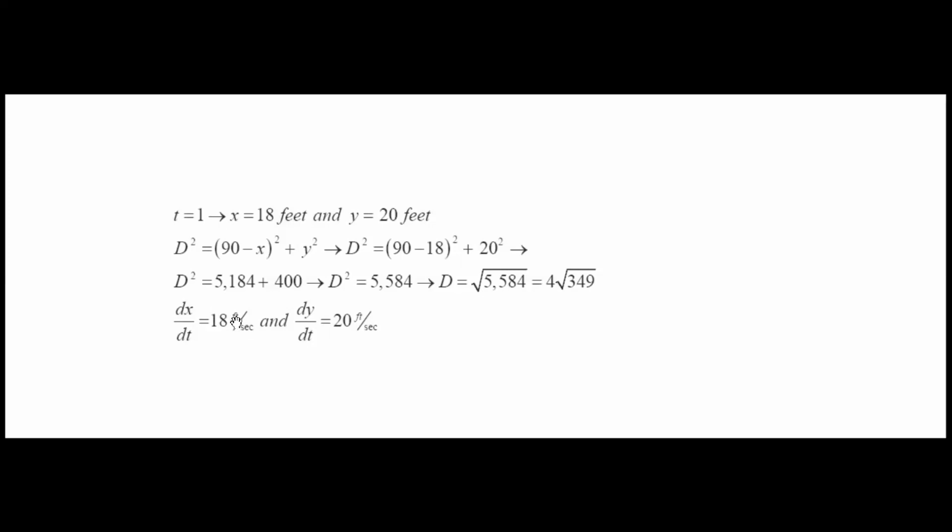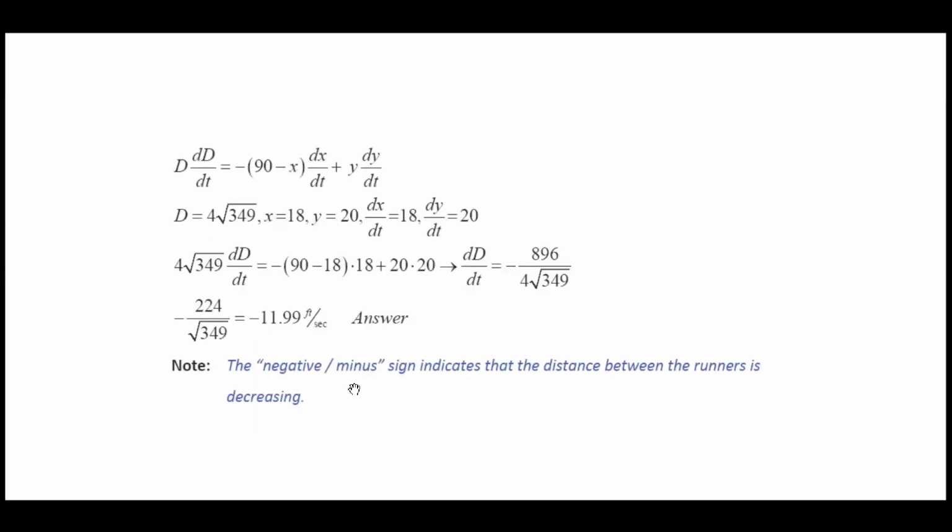dx/dt is 18 feet per second. dy/dt is 20 feet per second. X is 18 feet. Y is 20 feet. So we come over here, and this is our expression for what we have, after we divide it by 2. And this is what we know from the previous page: D is 4 times the square root of 349, x is 18, y is 20, dx/dt is 18, dy/dt is 20.